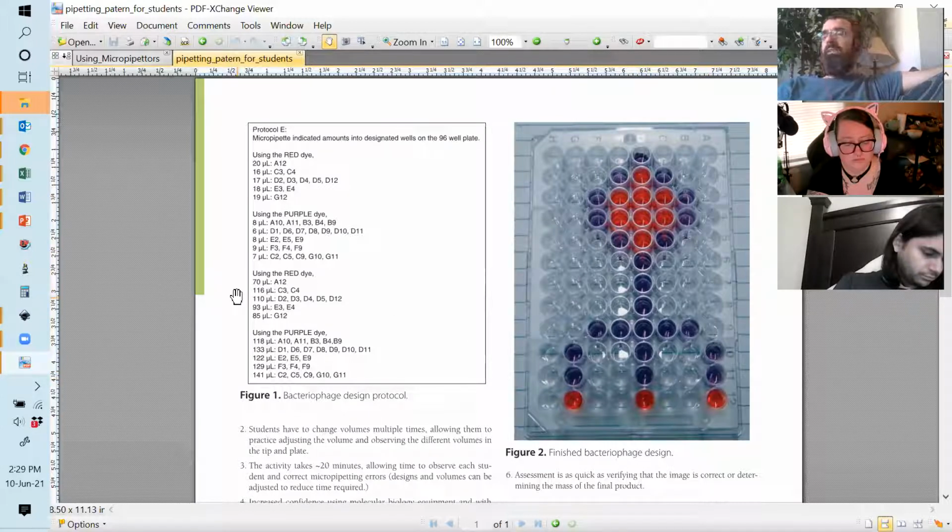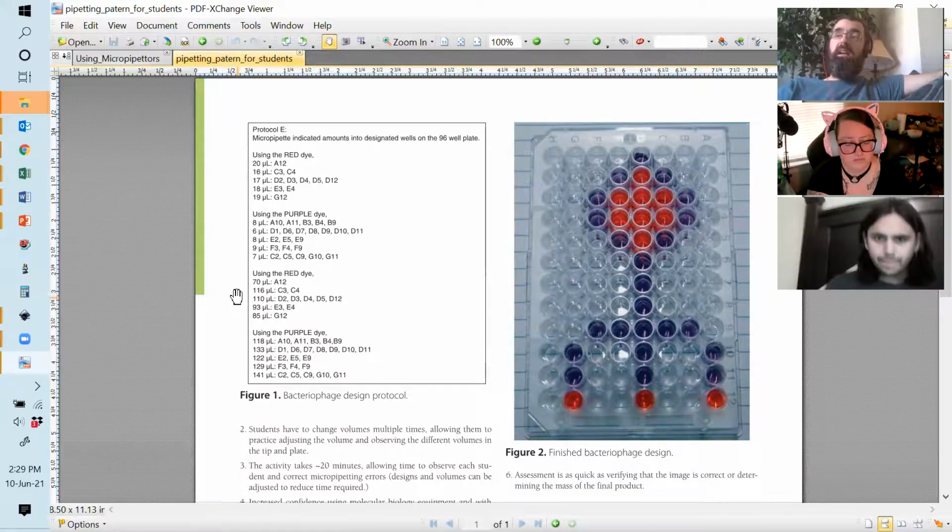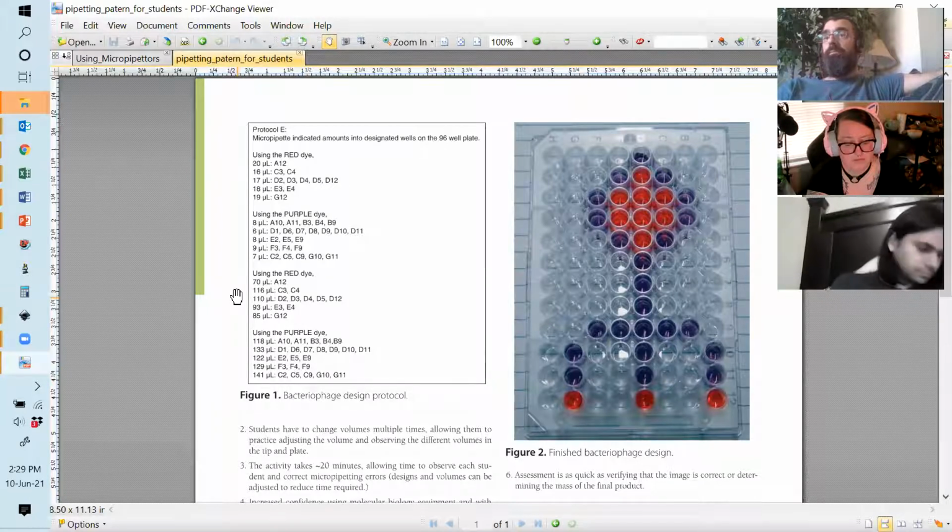The idea is to get you lots of practice. Unfortunately you're not going to get that, but when you hit this in, say, micro or another pipetting heavy microbiology type lab, it should be a little easier to come to terms with.